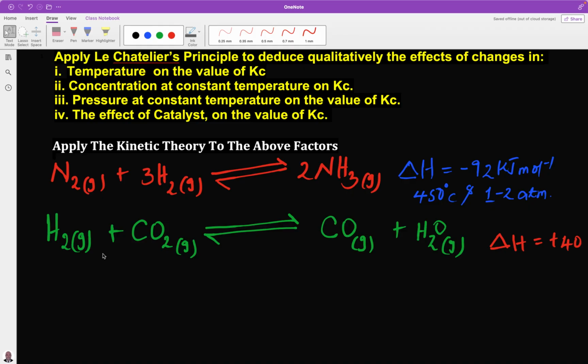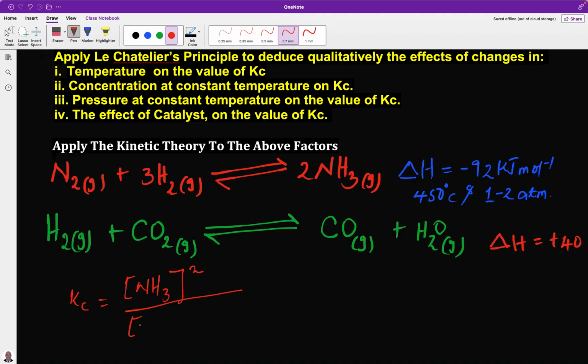From what we discussed last time, let's take ammonia. Ammonia, this is an exothermic reaction. Kc for ammonia is what? Kc is equal to the concentration of the product, this is ammonia, raised to the power of its coefficient, which is 2, divided by the product of the concentration of the reactants raised to the power of their coefficients.